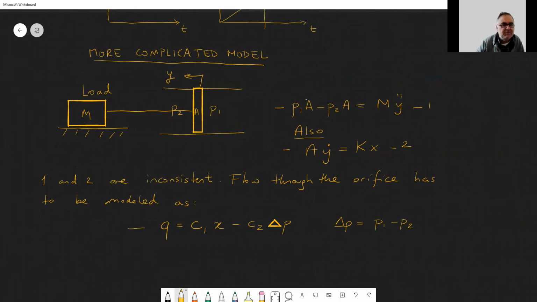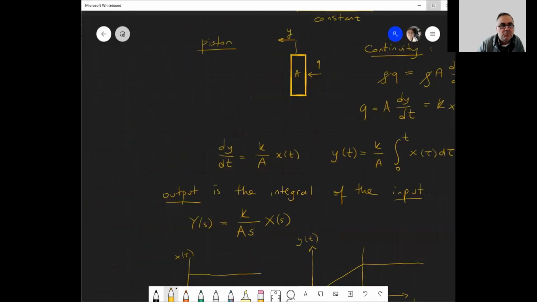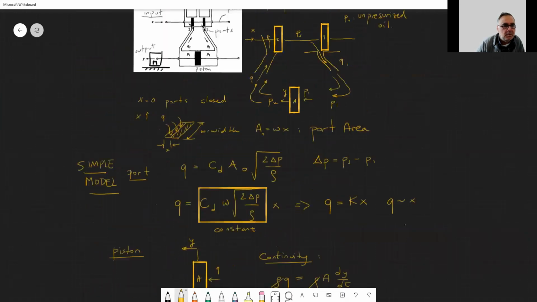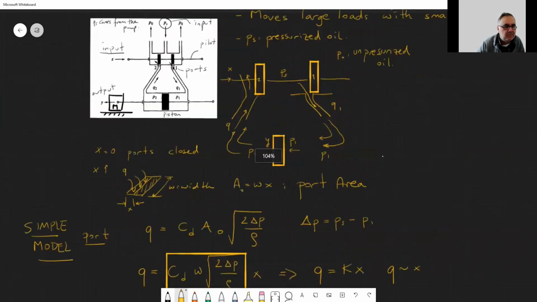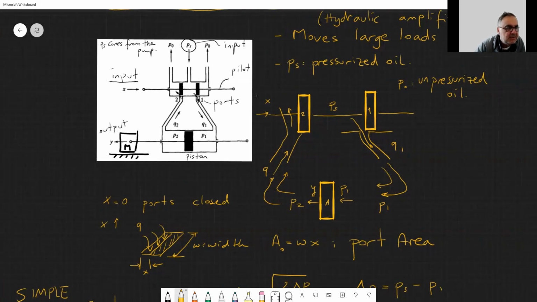Now, what happens is, if you look at your original thing. This thing comes with a pressure of PS, goes through here, drops to P1. So at this part, the pressure drop delta P is PS minus P1.